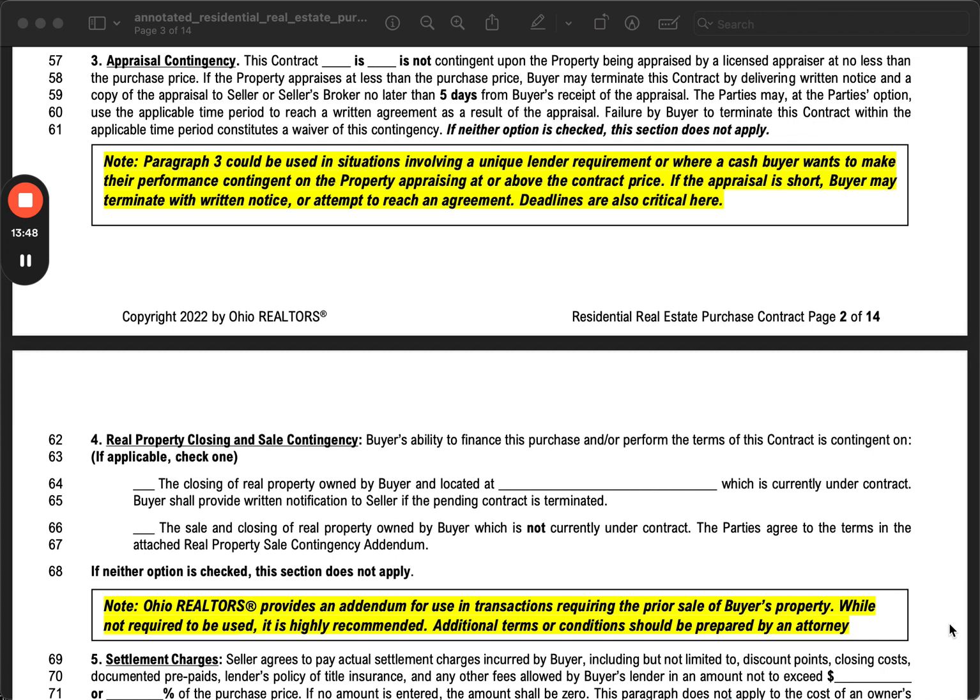So again, that is an area that's a little bit newer to us, but the language was very well spelled out so that people understand it. And if you're in a situation where a buyer does check the box that says it is contingent upon the property being appraised, the seller in negotiations absolutely has the right to counter back by checking is not. That is an area of negotiation. It isn't a hard hold on the buyer's end.